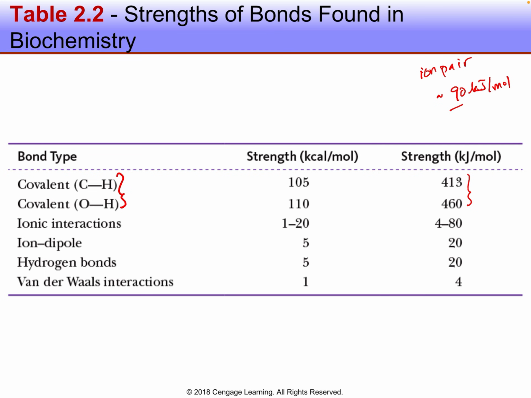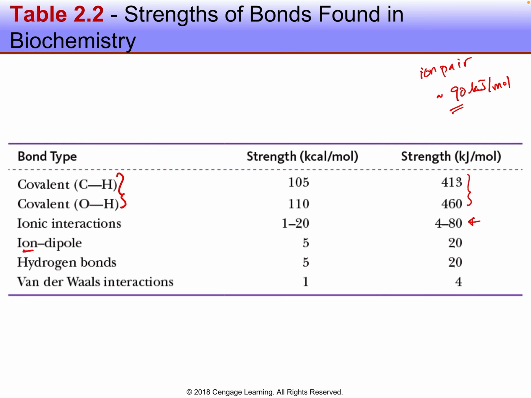Okay, so as we get to smaller and smaller charges, now if we're looking at non-bonding interactions, this is our ion pair. They actually say it's a little bit weaker than what I've had, but I've heard 90 kilojoules per mole. That is the strongest among the non-covalent interactions, because you have two fully charged species.